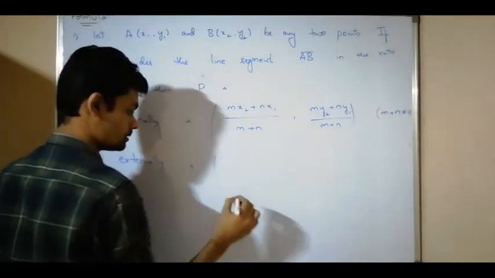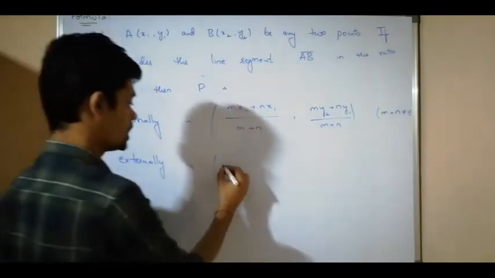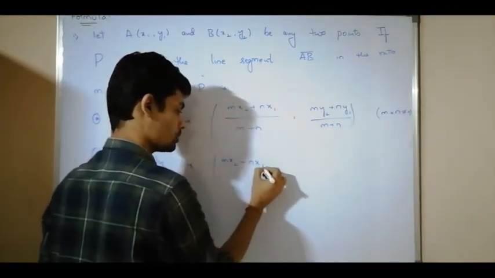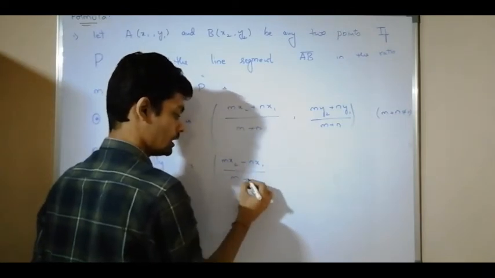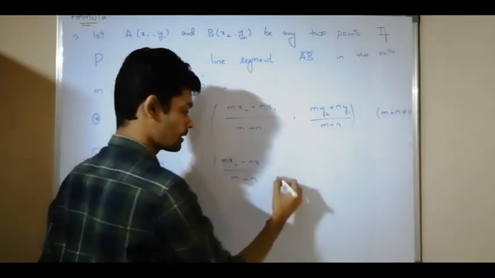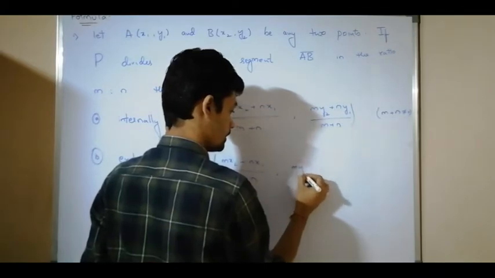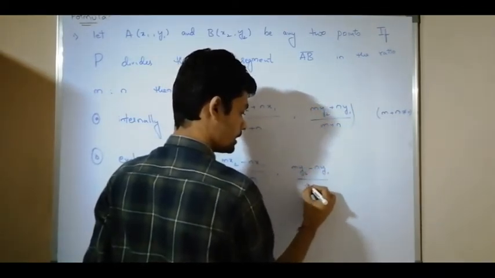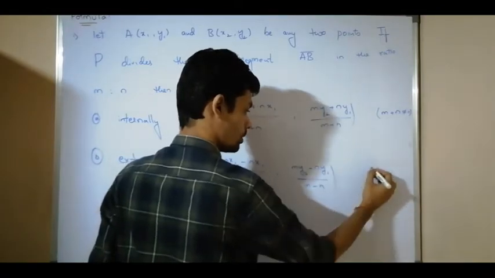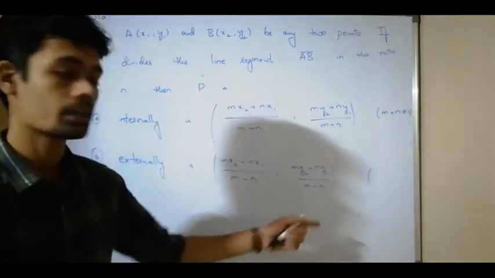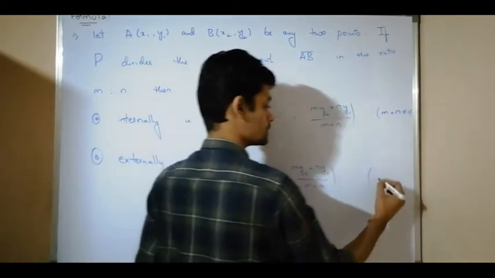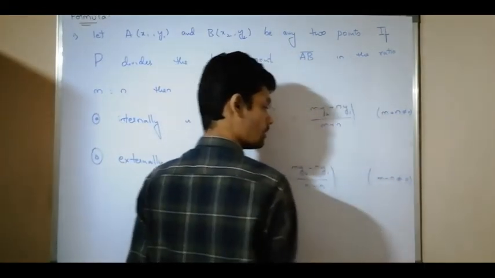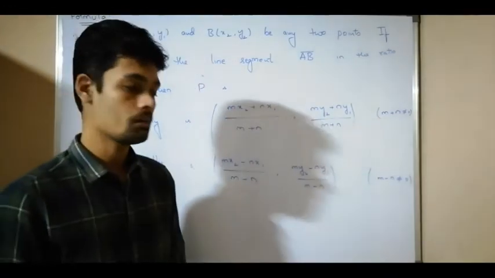Externally it is (m x2 minus n x1 by m minus n, comma m y2 minus n y1 by m minus n), where the denominator should not become 0.